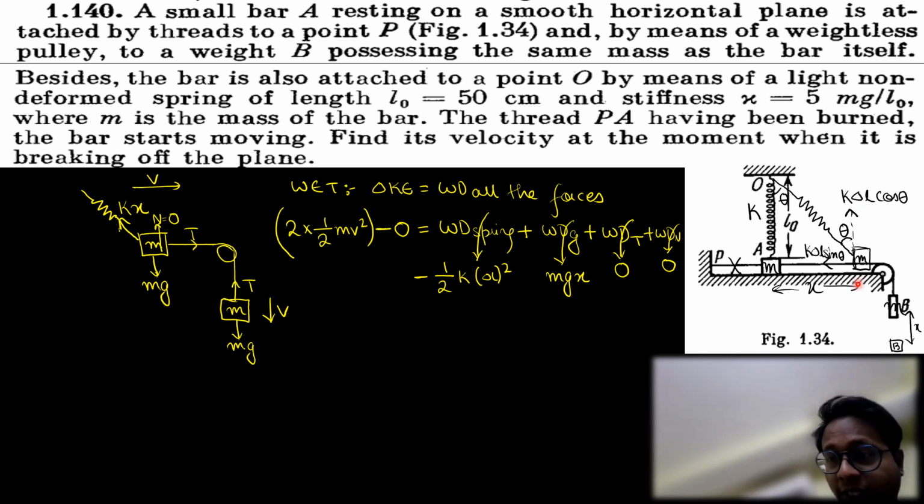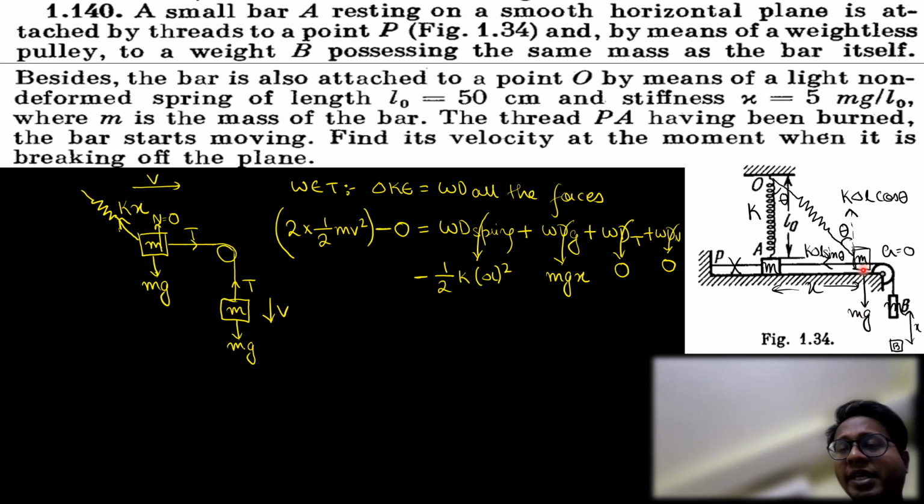We'll balance out the vertical component of force. Downward is mg. When the body just leaves the surface, I can easily say the vertical component of acceleration is equal to 0. You might say, sir, if the horizontal component of acceleration is not 0, why is the vertical component of acceleration 0?